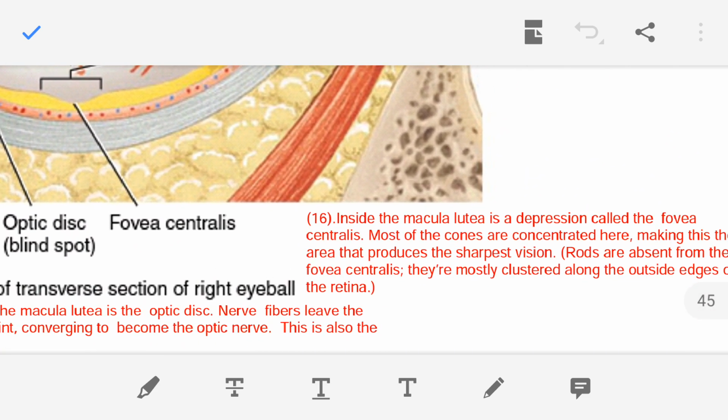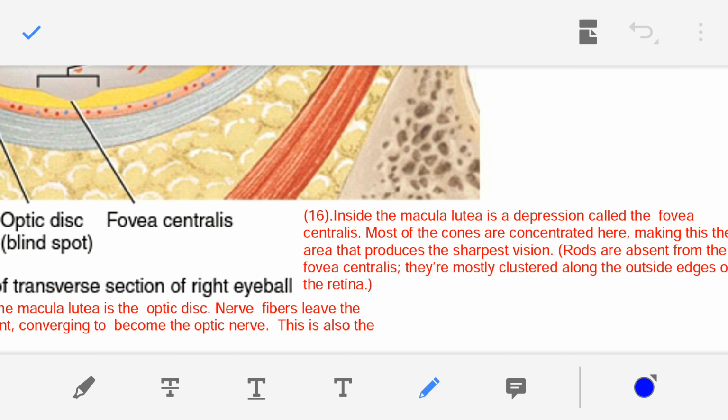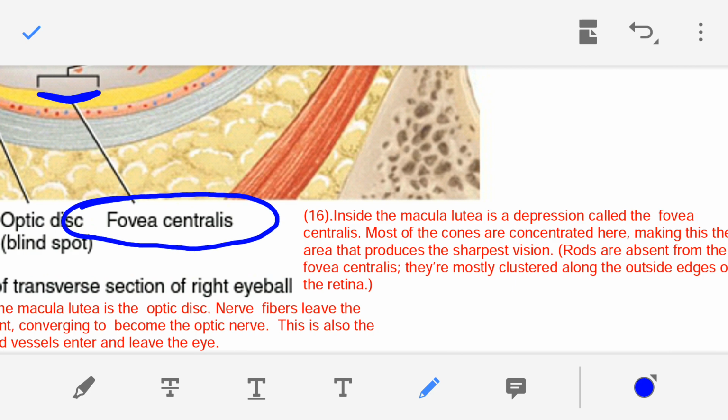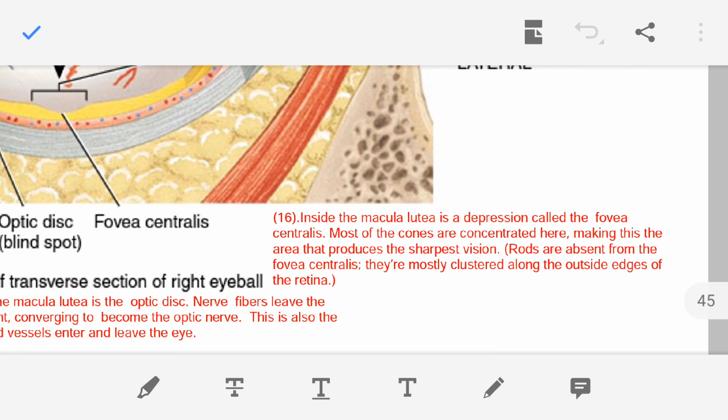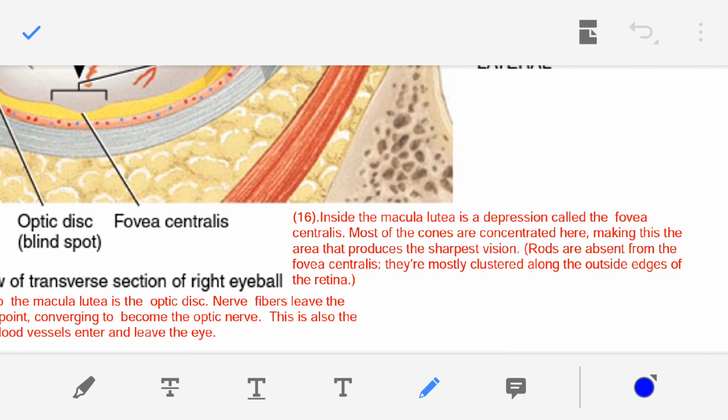Now inside the macula lutea one depression is observed. For example, this is the depression we are talking about. This depression is known as the Fovea Centralis. In the Fovea Centralis, most of the cone cells are present.